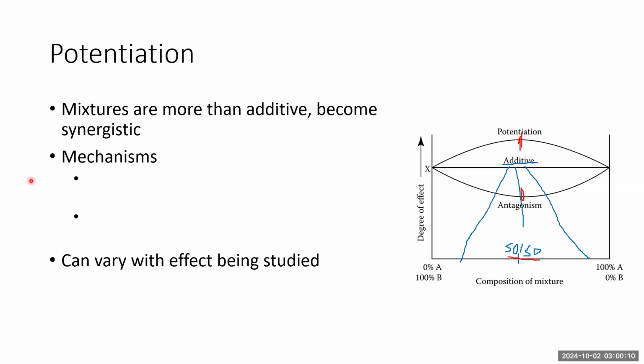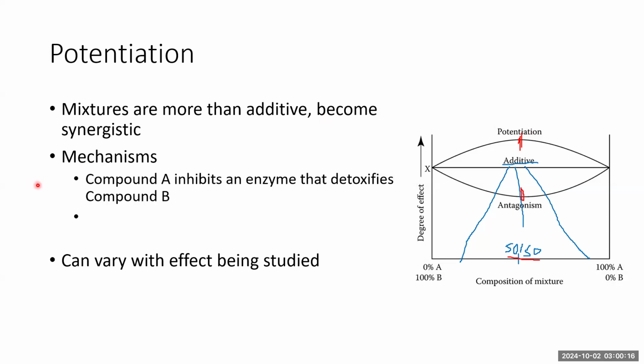There are two different mechanisms by which potentiation can effectively happen. So one mechanism is where compound A is going to inhibit some enzyme that detoxifies compound B. Remember, we saw additive when everything was working on the same pathways. With synergism and the potentiation that comes with it, we have two different compounds working on different parts of the physiology.